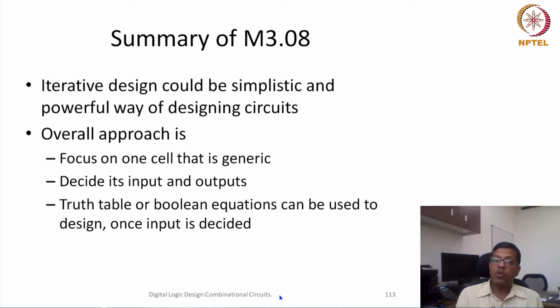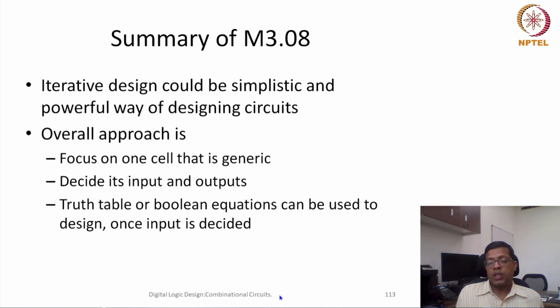So that way we have to decide what are the inputs, outputs, and what is the semantic meaning of input and output. Once we know input and output, then we can go ahead and create a truth table, or sometimes Boolean equations are faster, then we can use Boolean equations also, and after that our design is almost ready.